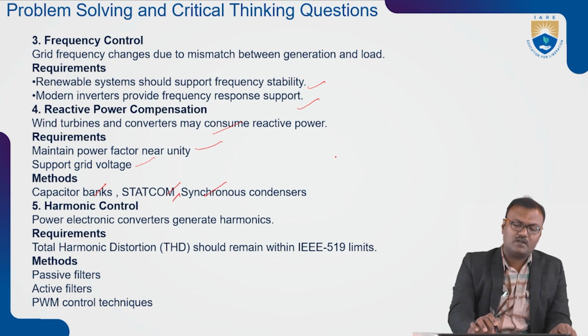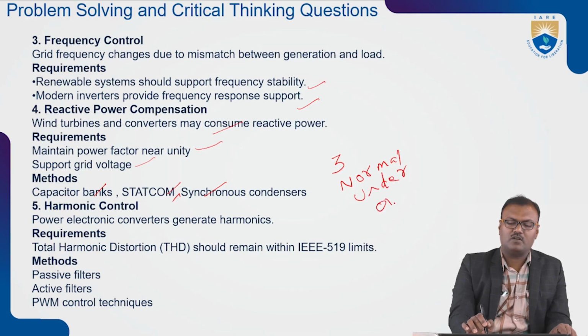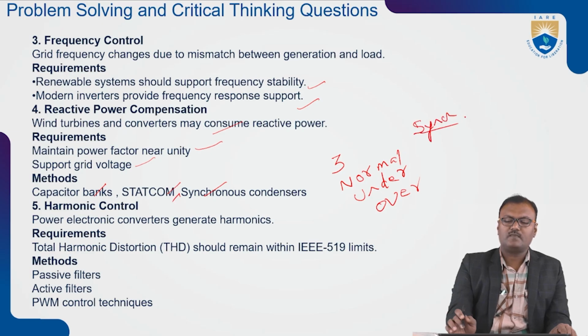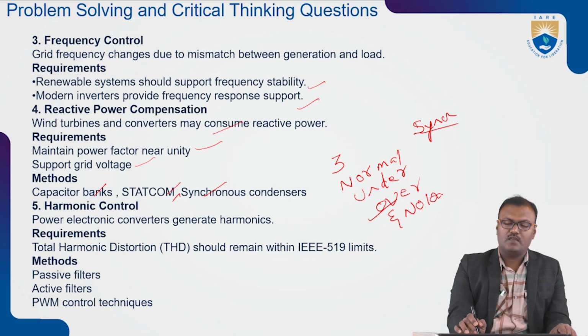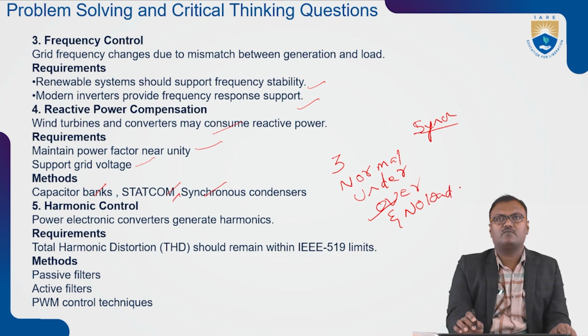We have three different types of excitation: normal excitation, under excitation, and over excitation, in the case of a synchronous motor. When a synchronous motor is operated at overexcited conditions and at no load, it is said to be a synchronous condenser, which improves the power factor.